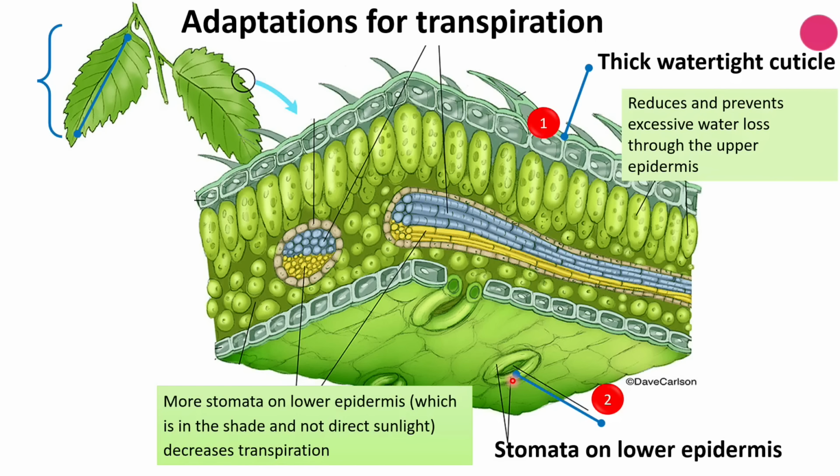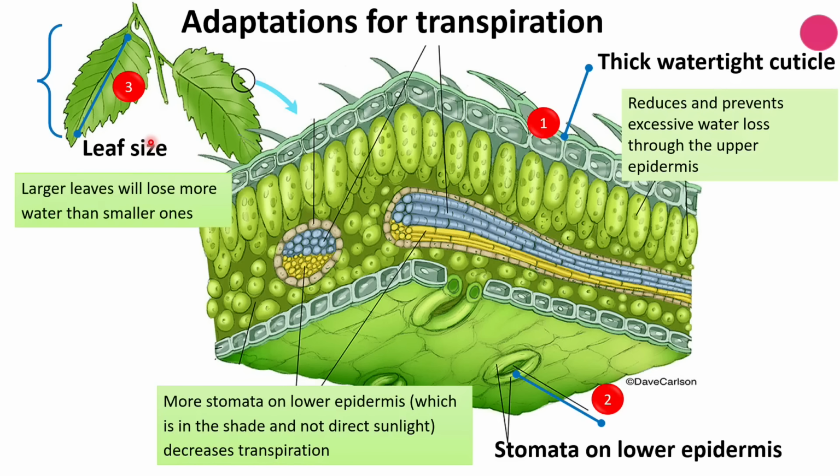Then the next adaptation is the size of the leaf. Not sure if you've realized this, but all of these succulent plants, these plants that live in very, very dry conditions, their leaves aren't very large, right? And the size of the leaf will also influence the amount of water that can be lost.